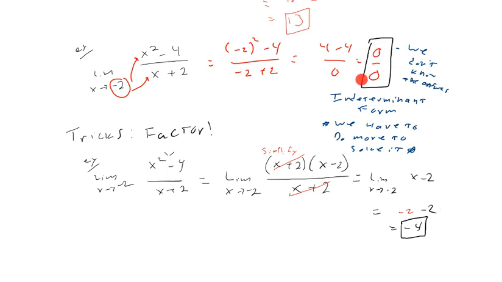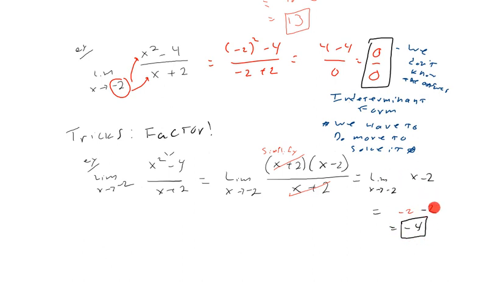We can do some simplifying and get our sneaky answer, our hidden answer. The 0 over 0 tells us there's some hidden answer in here somewhere. And to find that hidden answer, we do the simplifying. We find the hidden equation and we get our hidden limit. This negative 4 tells us where this limit is.